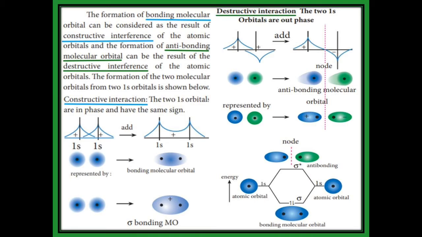These two are not atomic orbitals now, they are molecular orbitals, separated by a node. Being separated by a node means it is an antibonding molecular orbital. We indicate it as sigma star 1s, because a sigma bond forms by combination of s orbitals.